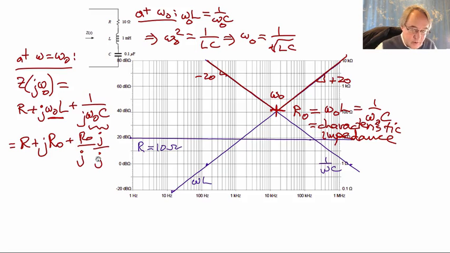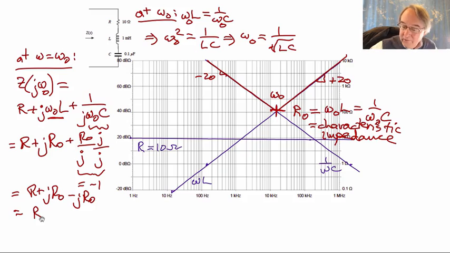In the denominator you get j squared, which is minus 1. And so the whole thing goes to R plus jR naught minus jR naught. So the inductor and capacitor impedances cancel out. At the corner frequency omega naught, they have the same magnitude of R naught, but they have opposite phase. The inductor has a phase of plus 90 degrees, and the capacitor impedance has a phase of minus 90 degrees. And when you add them together, they cancel. And so the whole thing just goes to R.